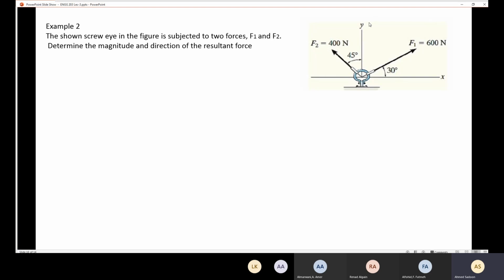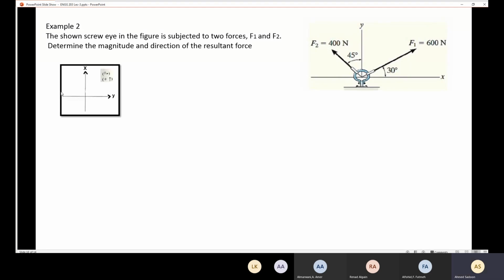We need the resultant force and we need to know the direction. Of course, this problem could be solved using the parallelogram law and then followed by sine and cosine law. But here we are going to use the rectangular components.